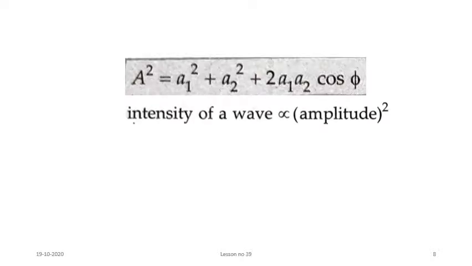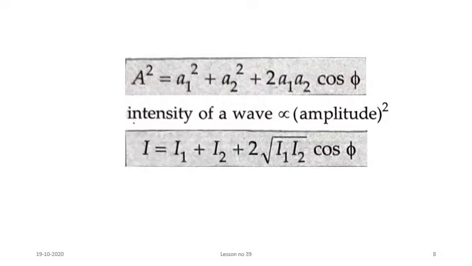Phi is the phase difference. Fine. Now we know the intensity of a wave is directly proportional to the square of the amplitude. Therefore, I can write I equals I1 plus I2 plus twice root over I1 I2 cos phi. Fine. So this is your intensity expression.